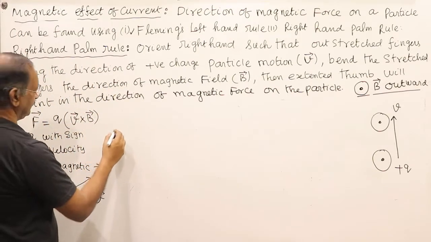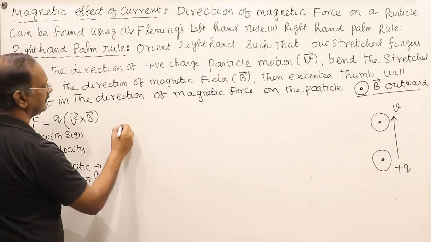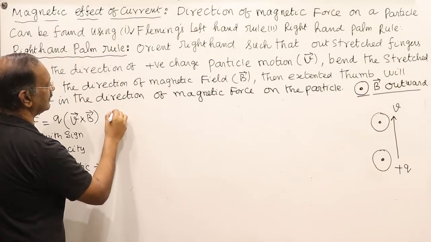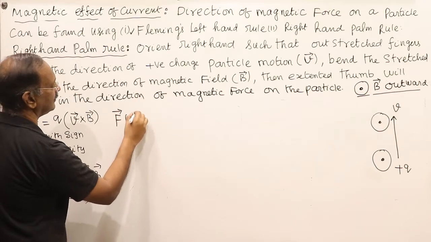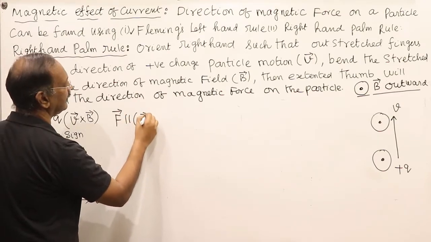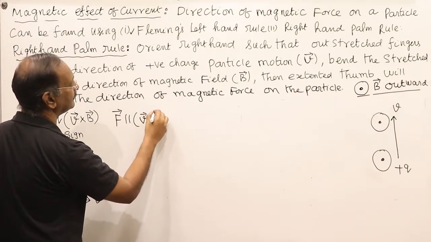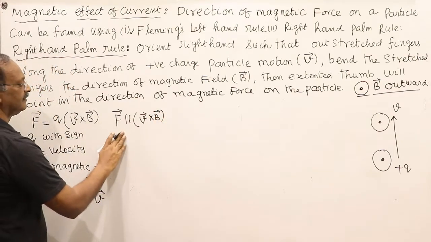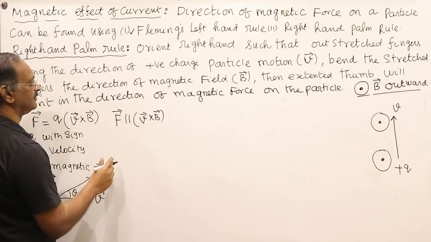See here, in this condition, the direction of magnetic force is parallel to the vector V cross B. This you have to remember. So many questions are asked based on this fact.